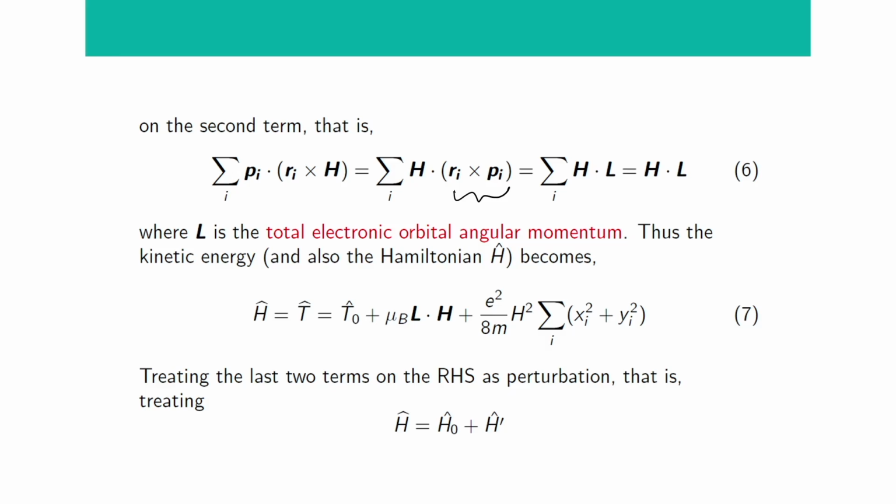So, that is the total orbital angular momentum, and this is H dot L, and there is a sum over i, of course, and there is an L_i there. So, it is H dot L, it is a total angular momentum.